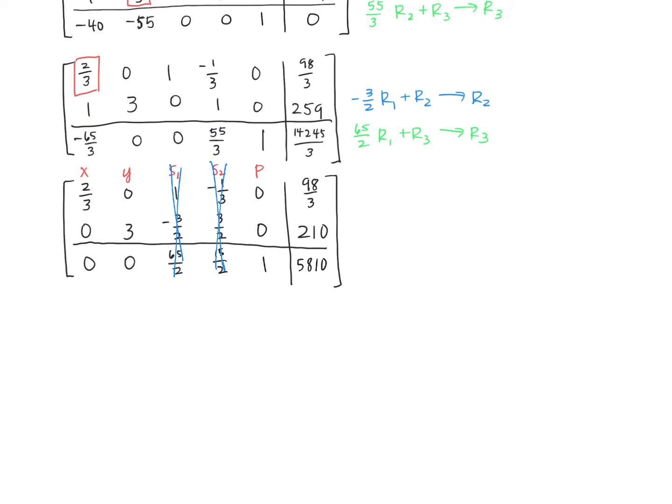And so our first equation is going to be 2/3 X plus 0Y plus 0P is equal to 98 over 3. And so we can solve this by multiplying by the reciprocal, 3/2. And so we'll see that X is equal to 49.